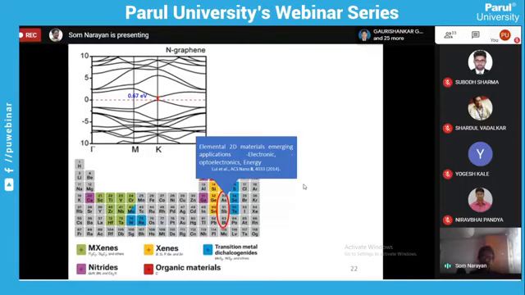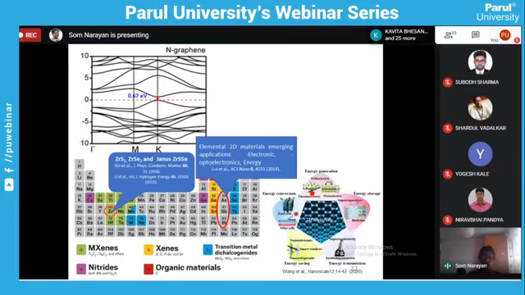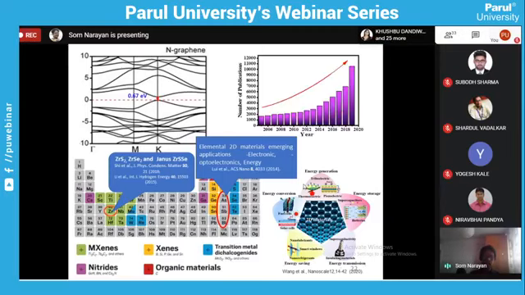Similarly, in the bulk form, the zirconium family is known as a photocatalyst for water splitting. And there are many other two-dimensional energy applications. Most importantly, we can see that day by day two-dimensional material based applications are increasing, and it's still going on.